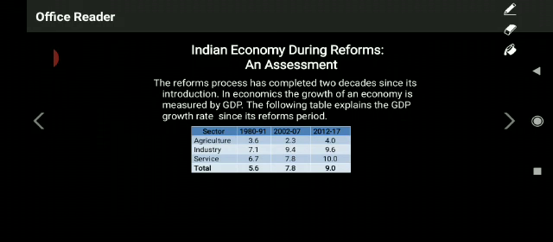Here also the Government of India has given greater priority to the development of the service sector like banking, insurance, public sector. Okay. So for these areas, the Government of India has given more stress, and there was a drastic increase in the service sector growth rate.